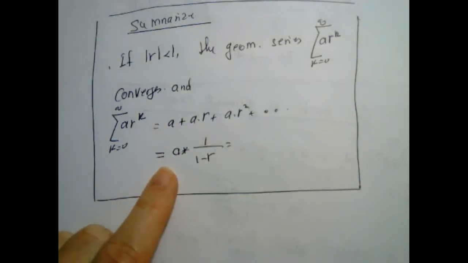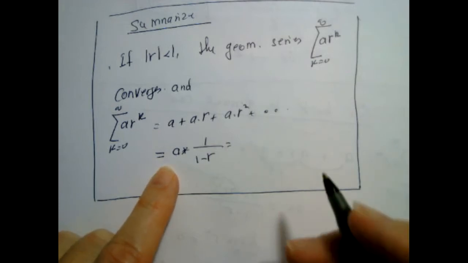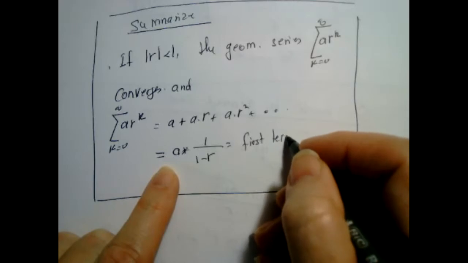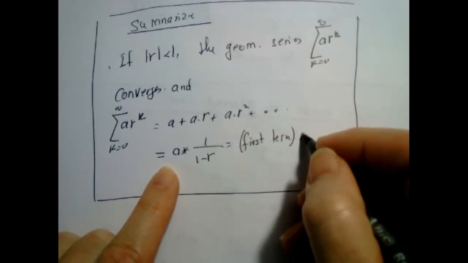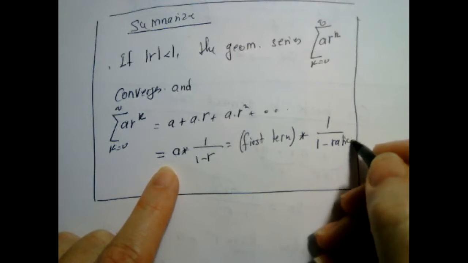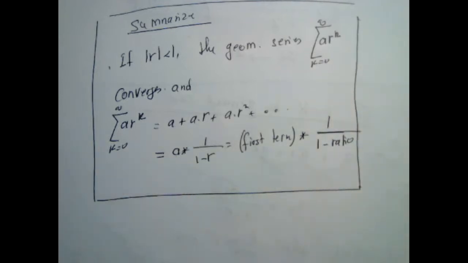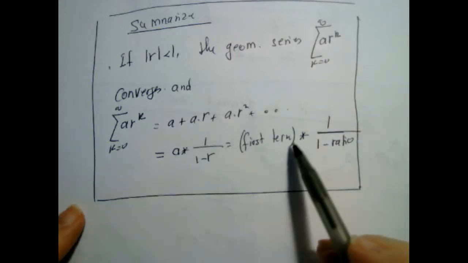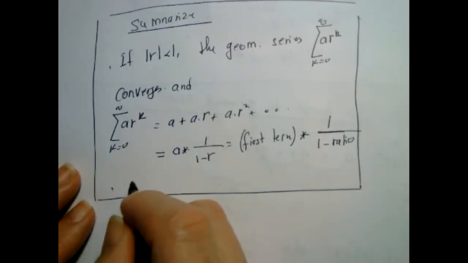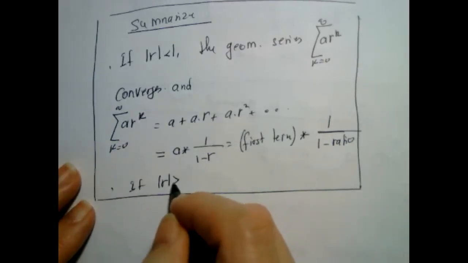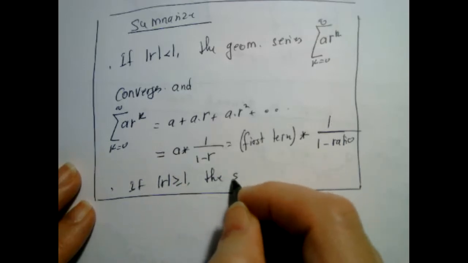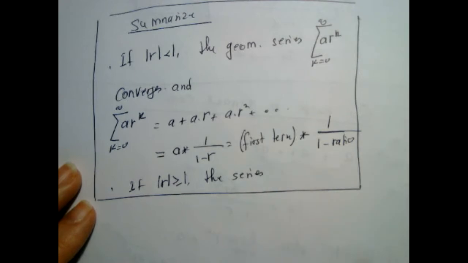But what's a? I want you to memorize a. Okay, a is the first term. I would like you to memorize it this way: the first term times 1 over 1 minus the ratio. It means that's the sum. So it converges, and the sum is the first term times 1 over 1 minus the ratio. If r, the ratio, is bigger than or equal to 1 in absolute value, the series diverges. It means it does not get close to any fixed number, or it blows up to infinity.